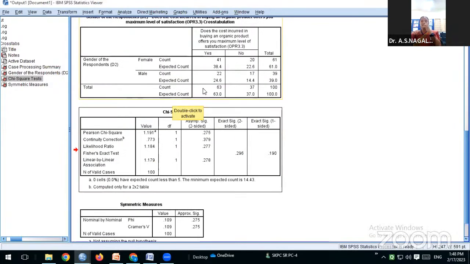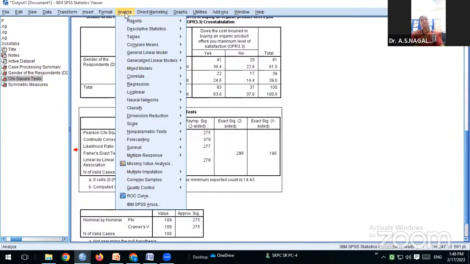So I have taken only two dichotomous variables here, but you can take another variable also, where one must be dichotomous and the other can have more than two categories, but both must be categorical variables.